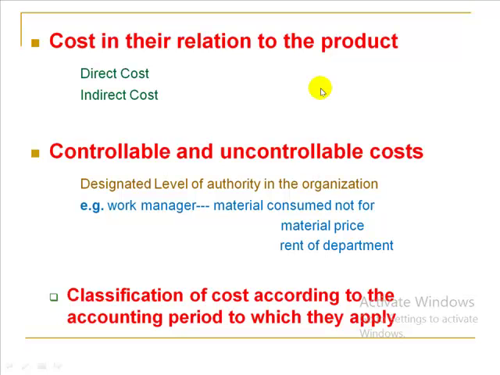So cost in relation to the product, we classify, we group cost on a product that may be direct and indirect. Meaning the cost incurred on a product or service which we offer for sale, right? So we can group the cost into direct cost and indirect cost.